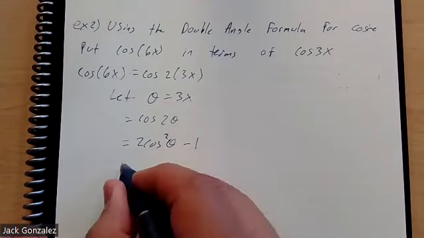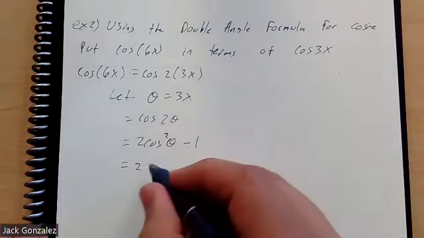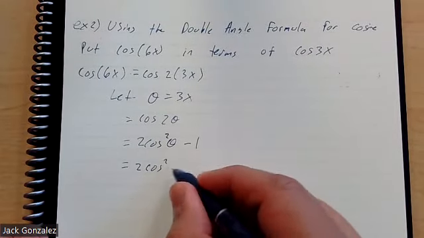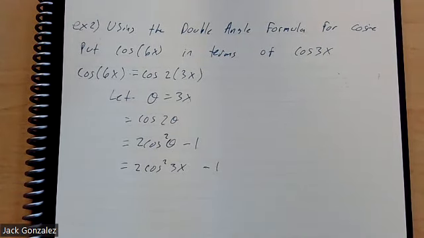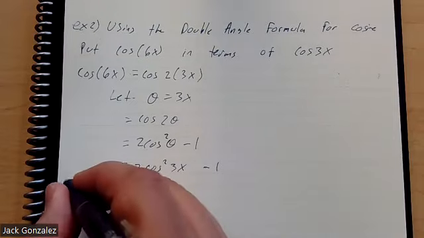But make sure you change it back, because I made this up. That's all I want you to do is apply the double angle once, but use the specific one they're talking about. Is that clear? Not much to do here.